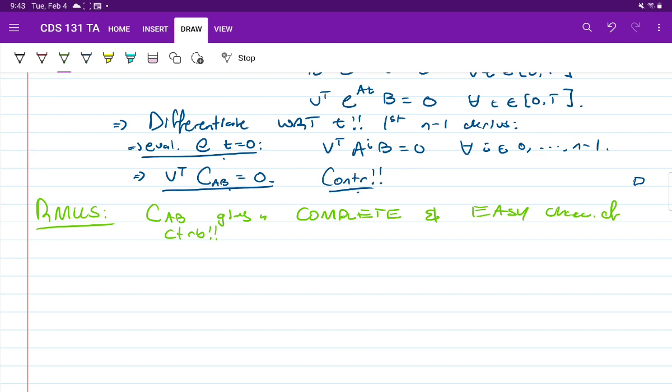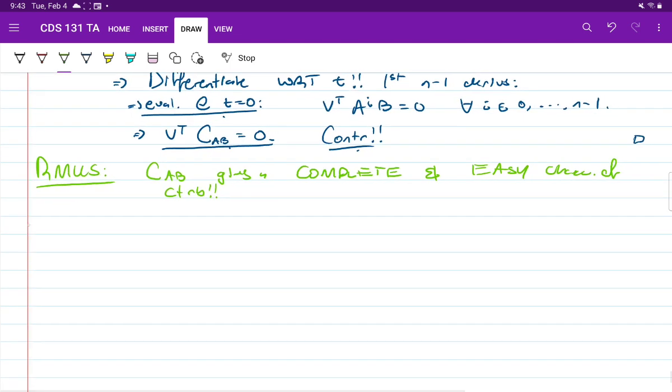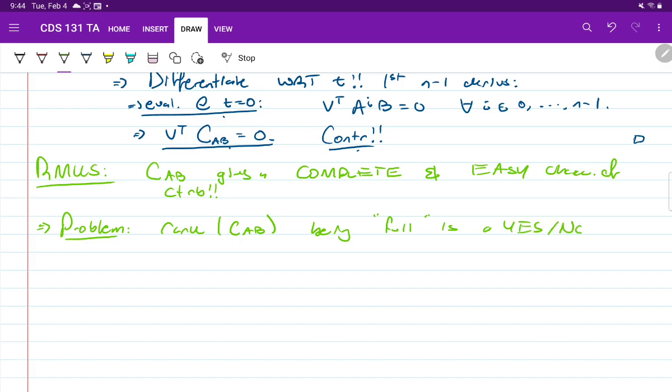All right? What are some problems with this condition? The problem is that the rank of CAB being full is a yes or no condition for controllability.